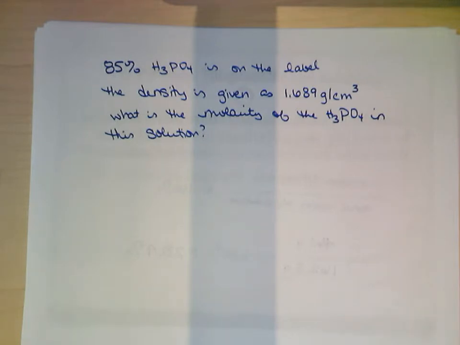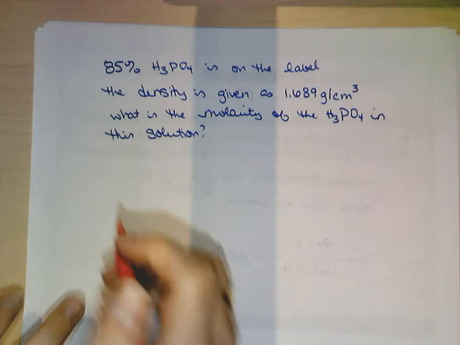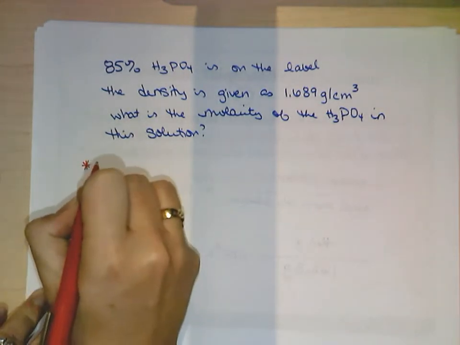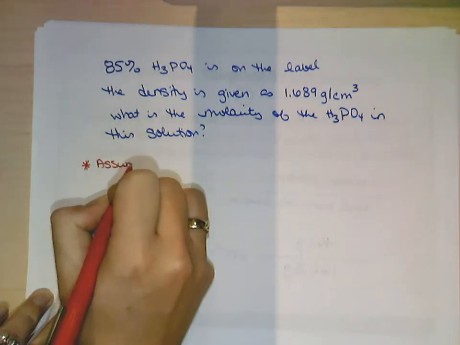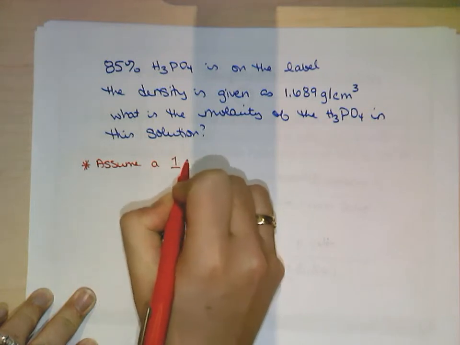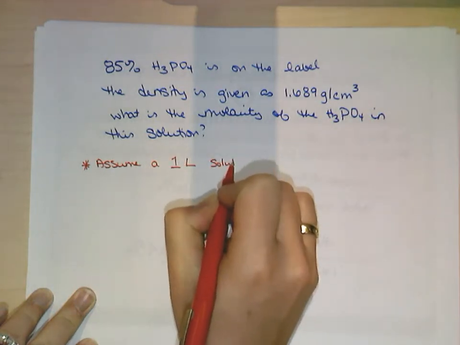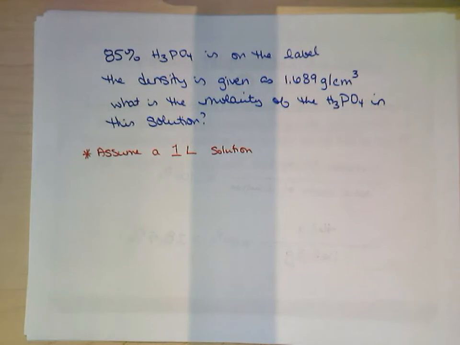In order to solve this, we're going to assume that we have 1 liter of it. So it's no different than some of the stuff you did in 108 when we looked at masses, right? You assumed 100 grams of something. Same thing, we're going to assume 1 liter in this case.